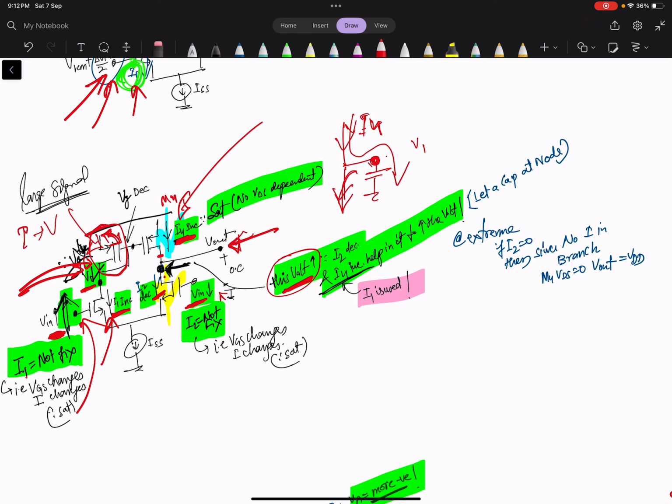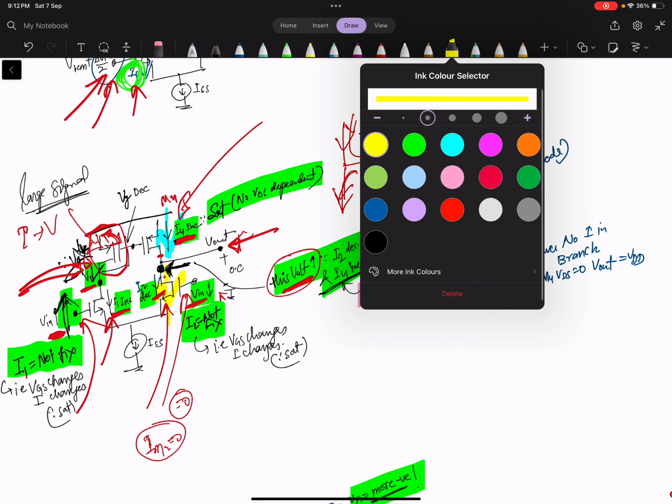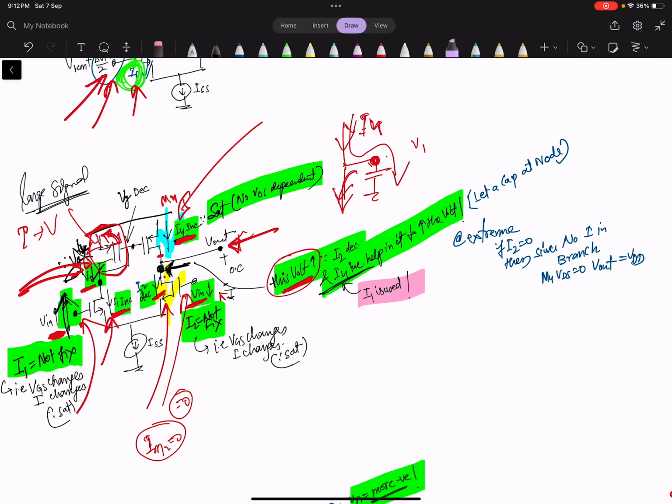And an important point is, let's say when V input at the right side becomes 0, then the current through M2, i M2, is equal to 0. This current will be 0.